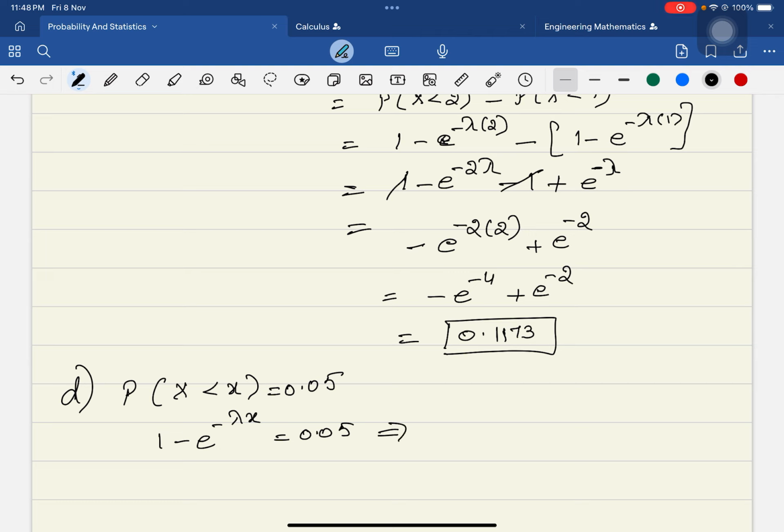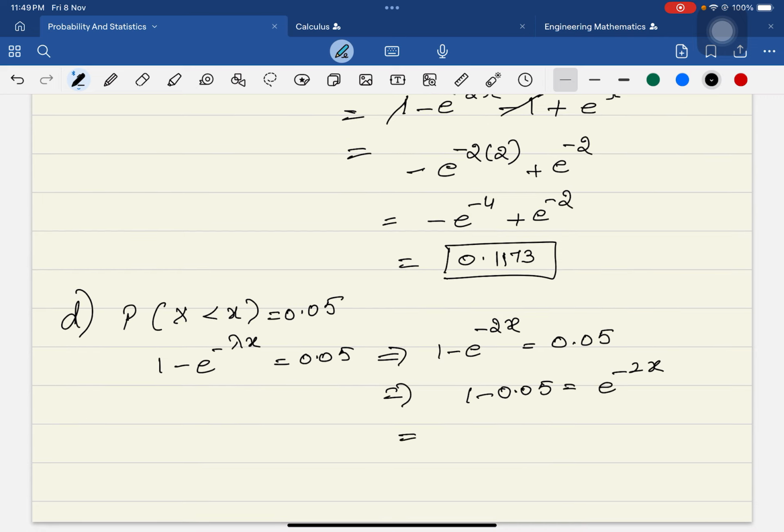Now what it implies? 1 minus e raised to minus 2x is equal to 0.05. So 1 minus 0.05, which is 0.95, is given by e raised to minus 2x.